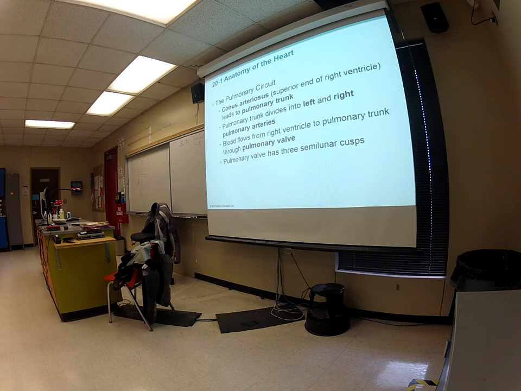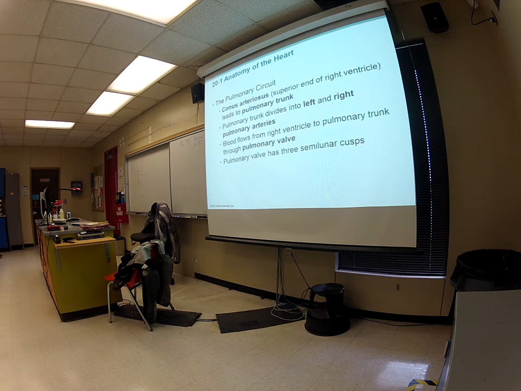So in this case, the pulmonary arteries are carrying deoxygenated blood, and the pulmonary veins are carrying oxygenated blood. So it's backwards. The only true statement we can make is this: arteries leave the heart, veins enter the heart. Let me say that one more time. Arteries leave the heart, veins enter the heart. The type of blood they carry can be off because pulmonary arteries carry deoxygenated blood. No oxygen. Now, there is some, but very little.